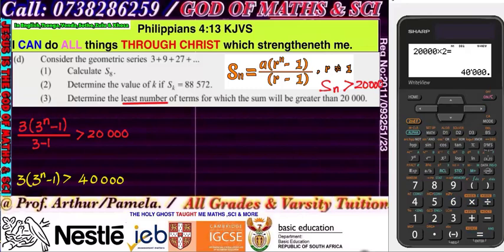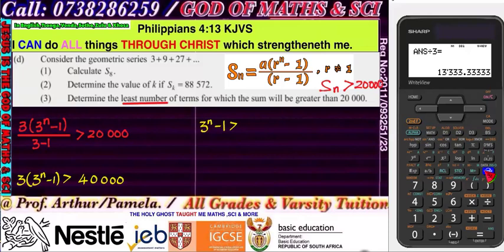When I divide by 3, mind you, it's positive. So I'm going to be left with 3 to the exponent of n. The inequality sign does not reverse, does not go the other direction. So I'm going to divide that by 3. There we go. Oh my Lord, look at that number. It's got many digits. Fine, I'm going to keep it as is.